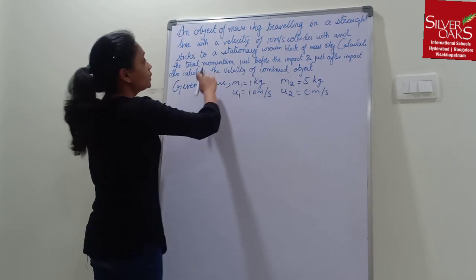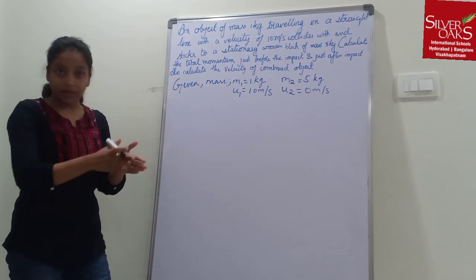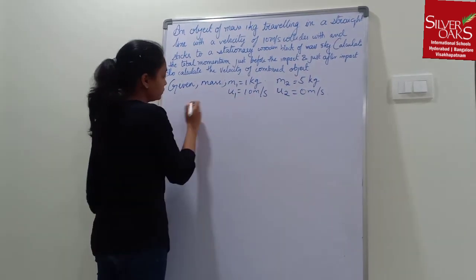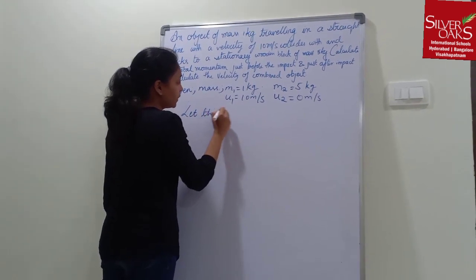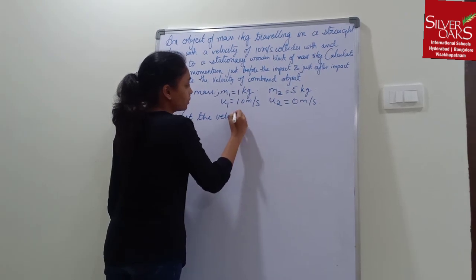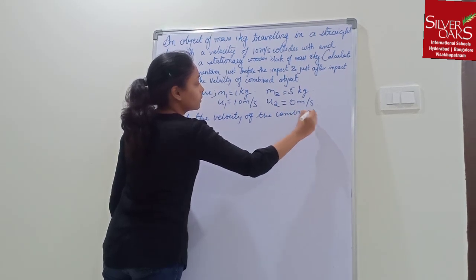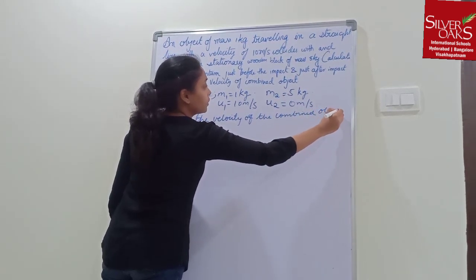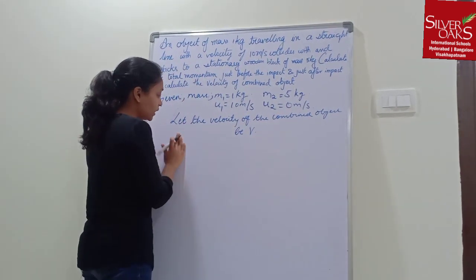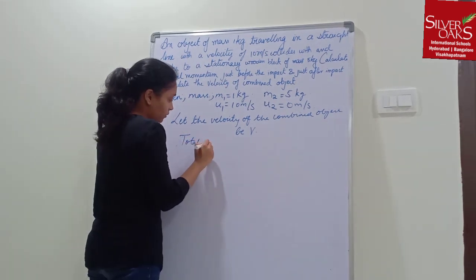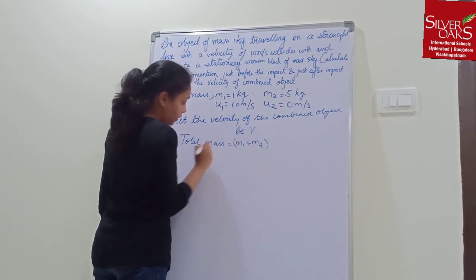Now we have to calculate the total momentum before and after the impact. So first, after collision, they travel in a straight line. Because they travel in a straight line, we can write, let the velocity of the combined object be V. And total mass of the system will be m1 plus m2 after collision.